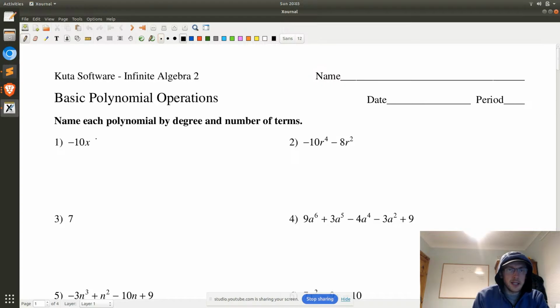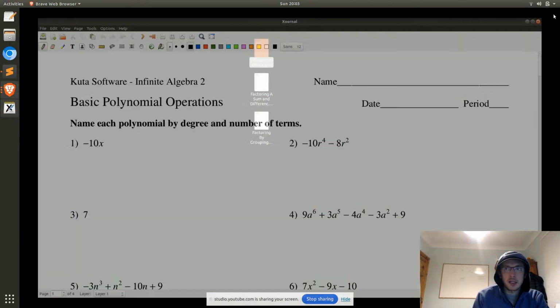Name each polynomial by degree and number of terms. All right, this is a linear polynomial and it's got one term, so it's a monomial. So I would say it's a linear monomial.